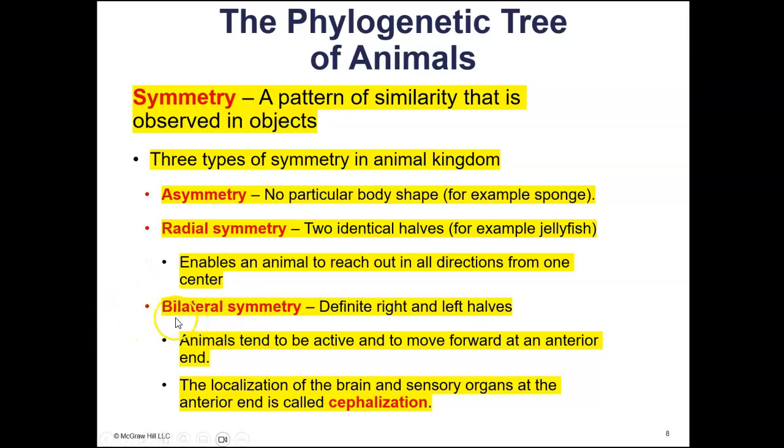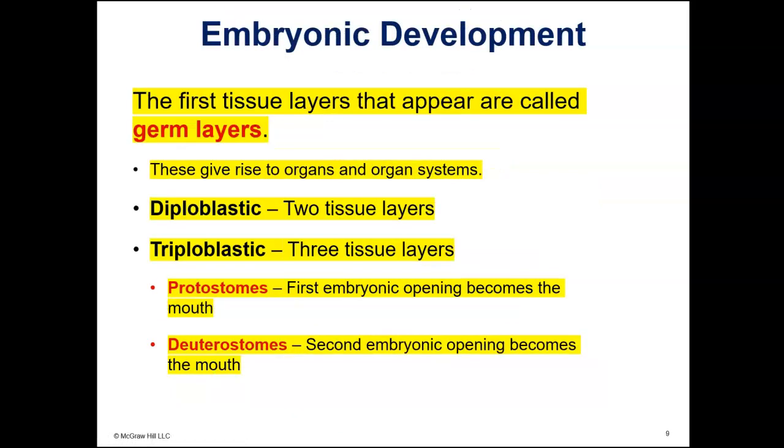Then other animals, you can only make a longitudinal cut in one direction to get two equal halves, and that's called bilateral symmetry. If an animal has bilateral symmetry, then it's got definite right and left halves. These animals also tend to have a trait called cephalization, which is the development of a head region with a brain.